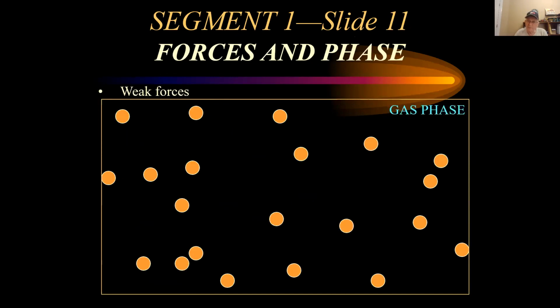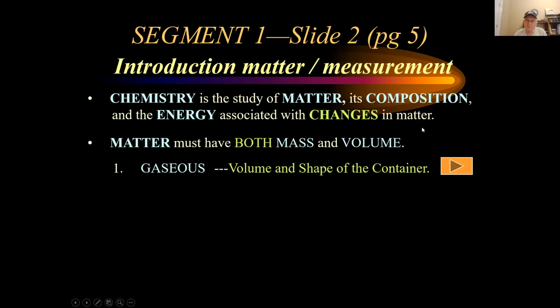They would be moving from place to place, bumping into each other, bumping into container walls. And it's this bumping into the container walls that creates what we call pressure in a gas. So every time those molecules bump into something, that's going to impart a momentum against that surface, and that will result in a force that we refer to as pressure.